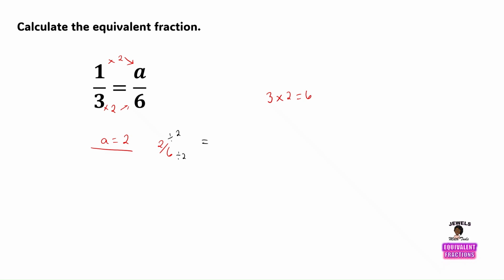Now when 2 is divided by 2, this will equal 1 in my numerator. When 6 is divided by 2, this will equal 3 in my denominator. So you can see that by using division to check my answer, I got back the original fraction that I started with, which tells me that the solution I got of 2 over 6, or for my variable to equal 2, is correct.